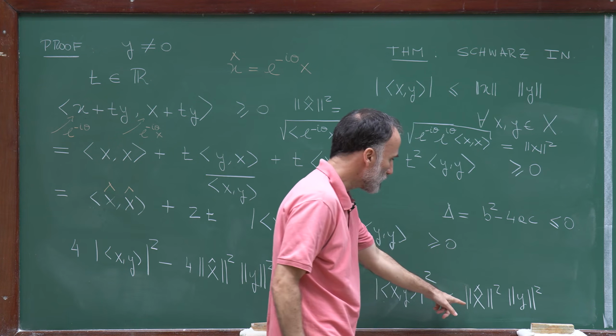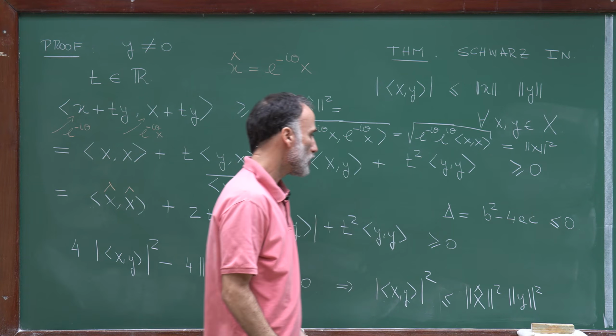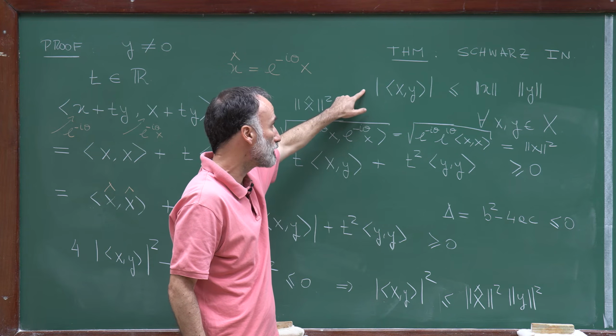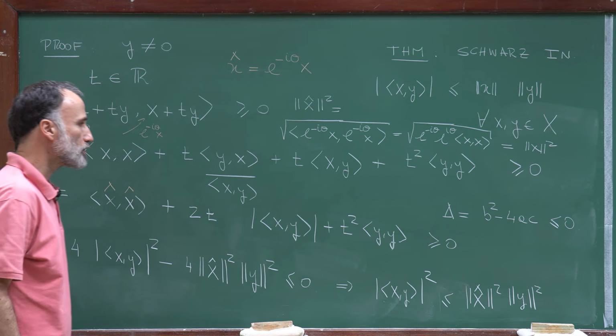So I can replace the norm of x hat squared by the norm of x squared, and this is exactly the Schwarz inequality I claimed. So we proved the Schwarz inequality.